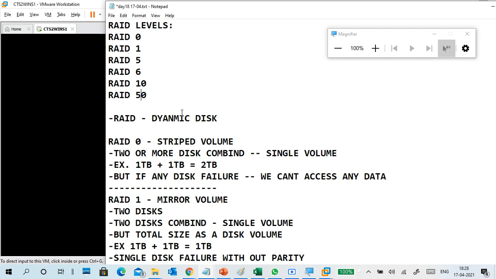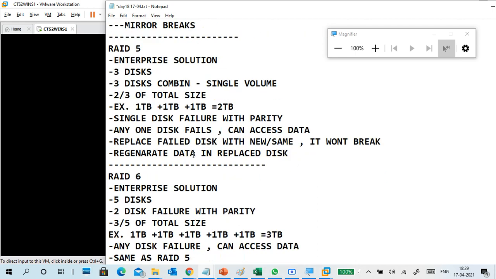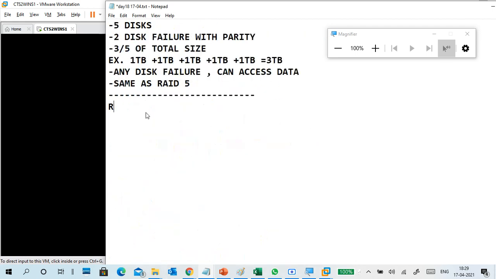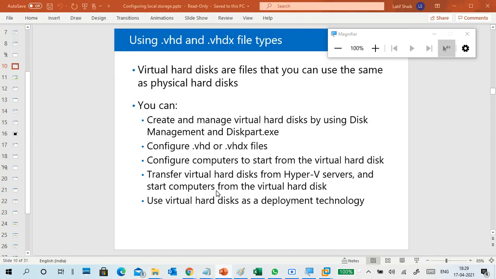They created them in a research way, but didn't find much enterprise use, so the other RAID levels are not used. Next, RAID 10 and RAID 50: RAID 10 is a combination of RAID 1 and RAID 0, and RAID 50 is a combination of RAID 5 and RAID 0. It means mirror and stripe combined. You can see it in the PPT also.